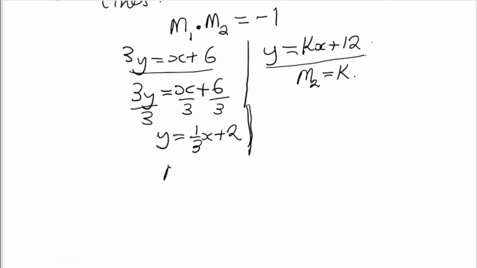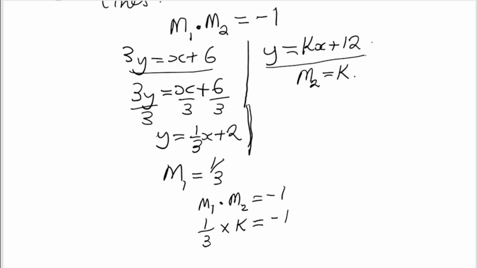Then we say m1 is equal to 1 over 3, because that's the gradient. So using these two gradients, m1 multiplied by m2 is equal to -1. We replace them, so it's 1 over 3 multiplied by k is equal to -1.